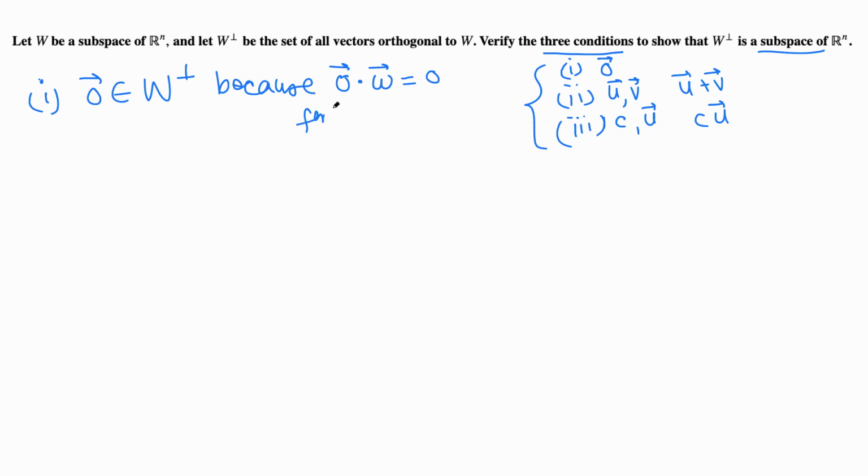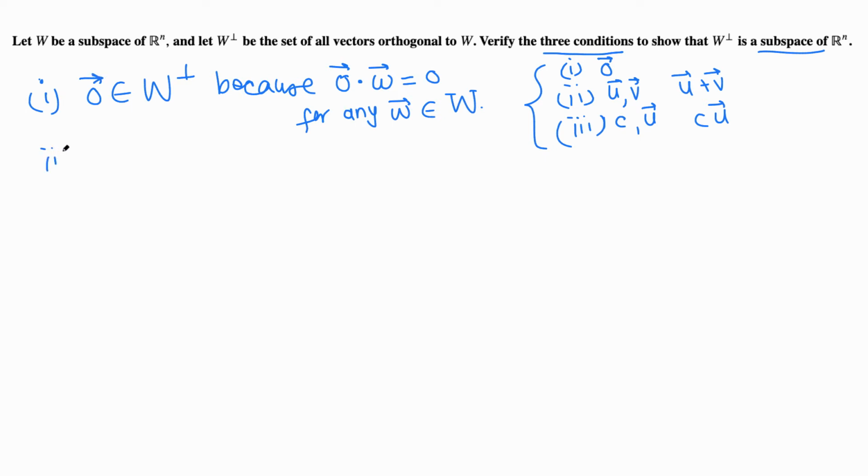For any w coming from W, if we take any generic element from vector space W and multiply with the zero vector, it's going to be 0. That means this zero vector must be in W perp. Okay, that's what we showed here.